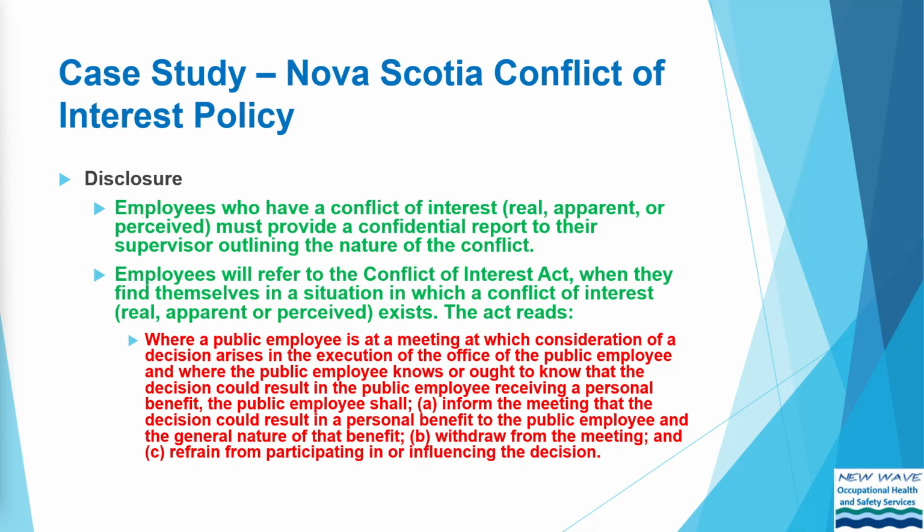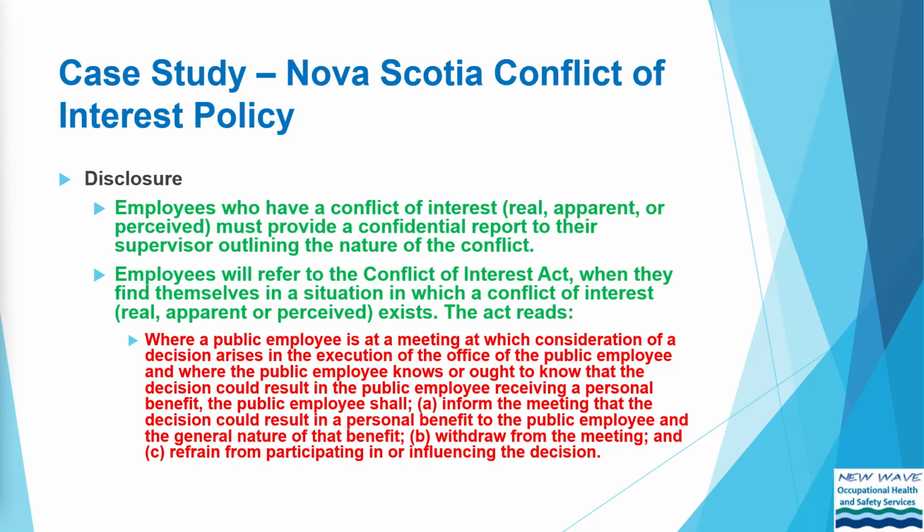I will note there is a disclosure section on page 38, but all it says is, employees who have a conflict of interest, real, apparent, or perceived, must provide a confidential report to the supervisor outlining the nature of the conflict. Employees will refer to the Conflict of Interest Act where they find themselves in a situation in which a conflict of interest exists.